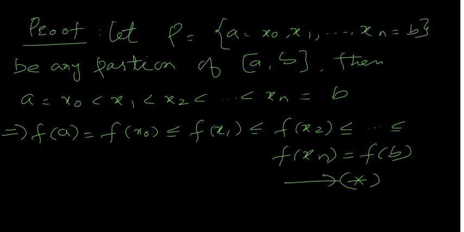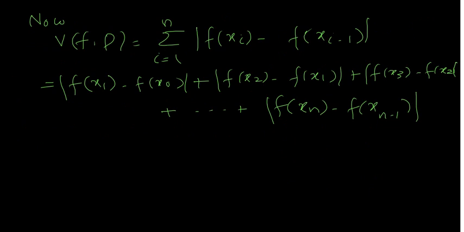That means the mod of the difference is the same. Mod of the difference f of x1 minus f of x naught is the same as f of x1 minus f of x naught, and the same is true for the rest of the mods. We can remove the mod because it's a non-negative number.